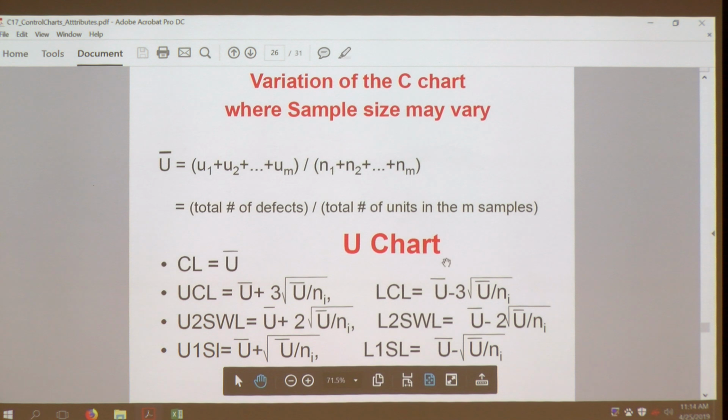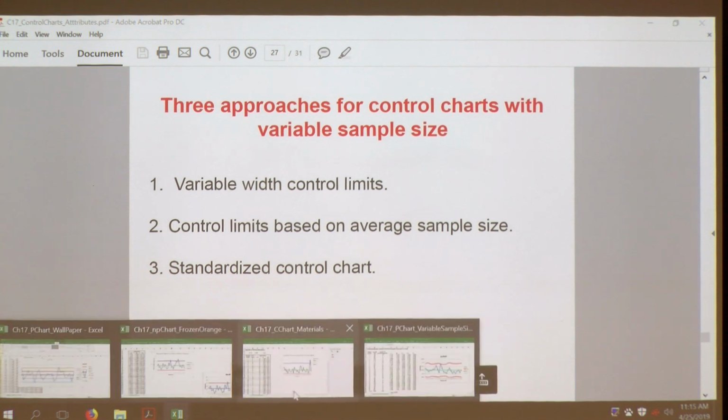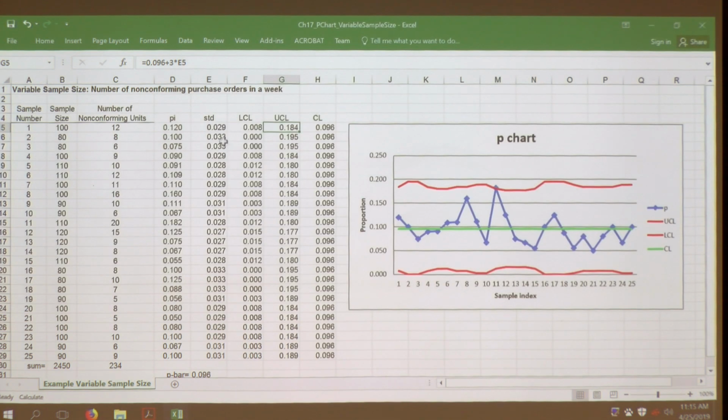So this is a U chart. Now there are 3 approaches for control chart with variable sample size. The one we just described is the variable with control limits. You can also do the control limits based on the average sample size. That means previously in the Excel spreadsheet, we actually used the actual sample size.